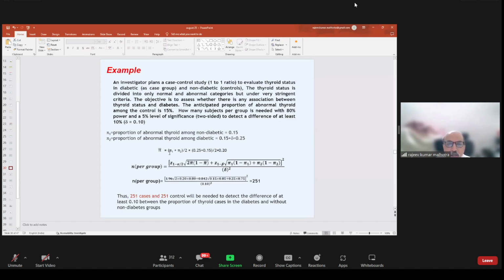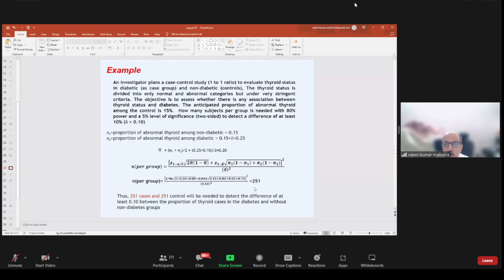So we calculate the average of the two proportions: 0.25 plus 0.15 divided by 2, which is 0.20. Substitute in this formula: 1.96, 2 multiplied by 0.2 multiplied by 1 minus 0.2, plus 0.842, and then 0.15 multiplied by 0.85 plus 0.25 multiplied by 0.75, divided by 0.10 squared.